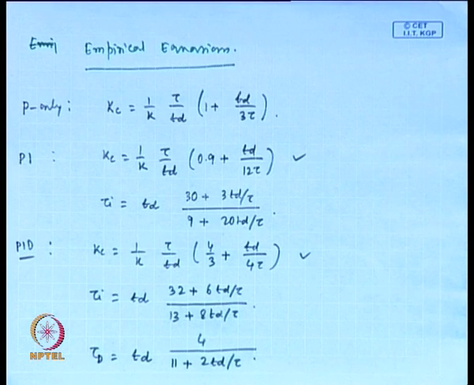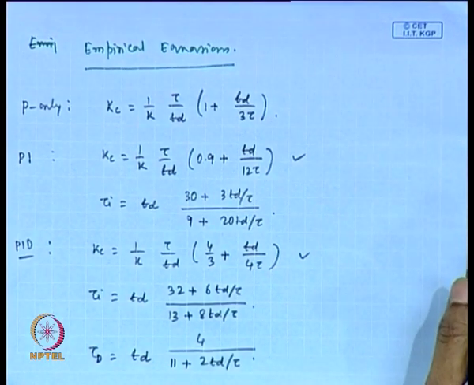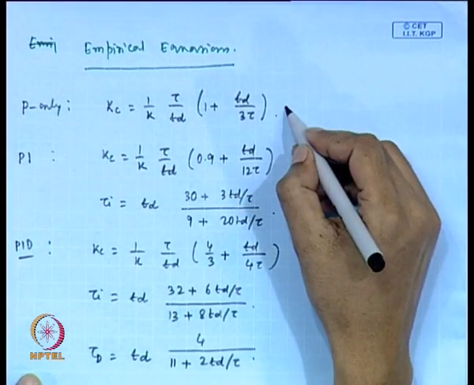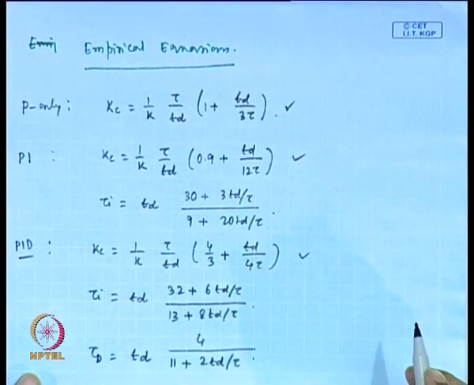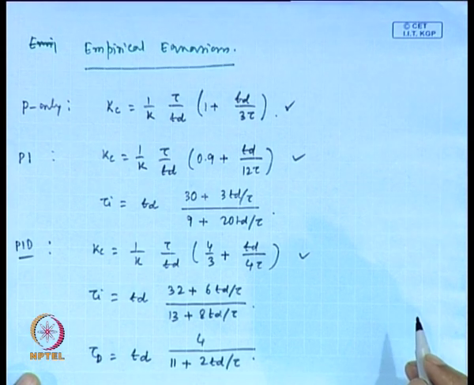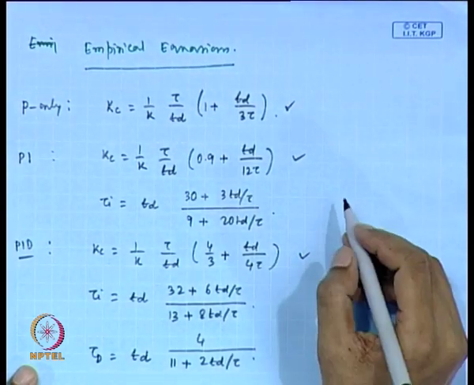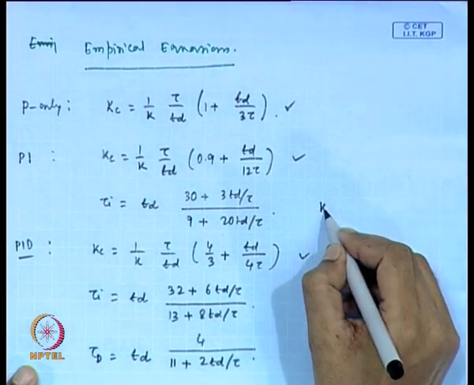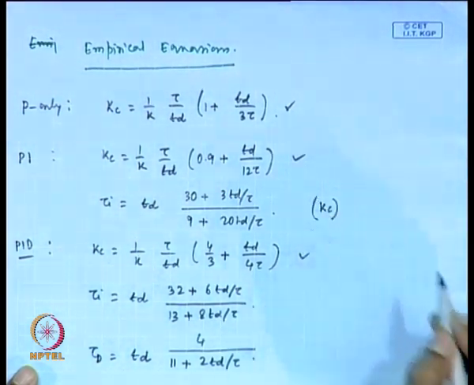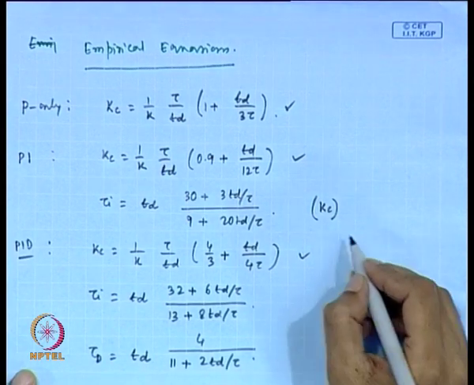These empirical correlations Cohen and Coon derived by introducing change in load variable. Now, if you compare the three Kc expressions for P, PI and PID, which Kc is the largest?